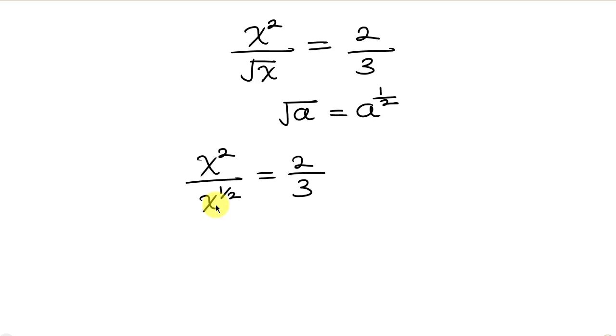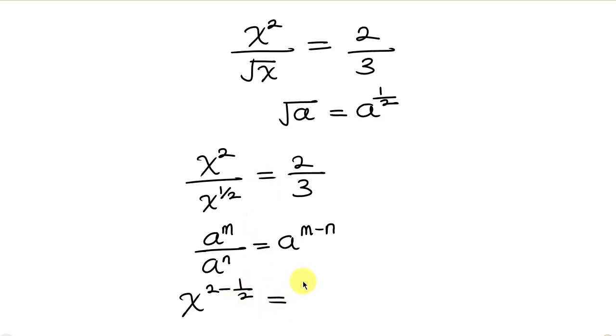Now let's apply the law of indices here. When I have, for example, a to the m all over a to the n, this is the same as a to the m minus n. Now writing this like this, we have, I'm going to take just one x to the 2 minus 1 over 2. And this is equal to 2 all over 3.